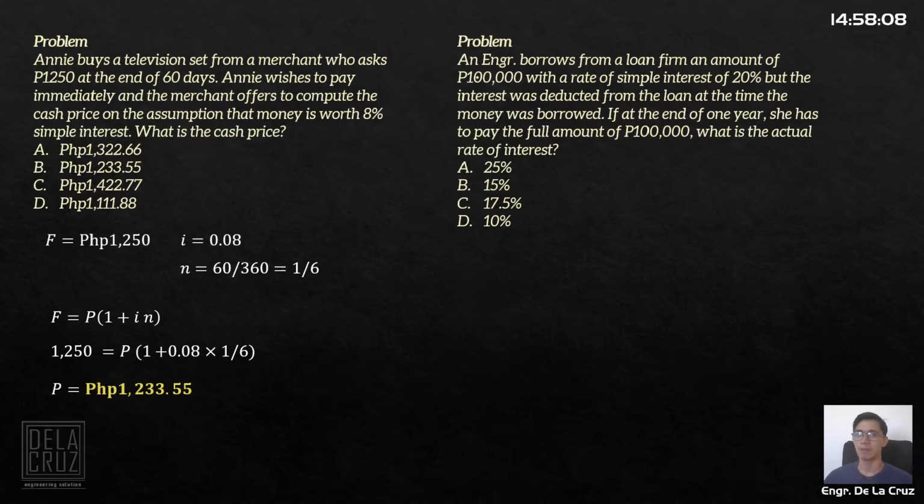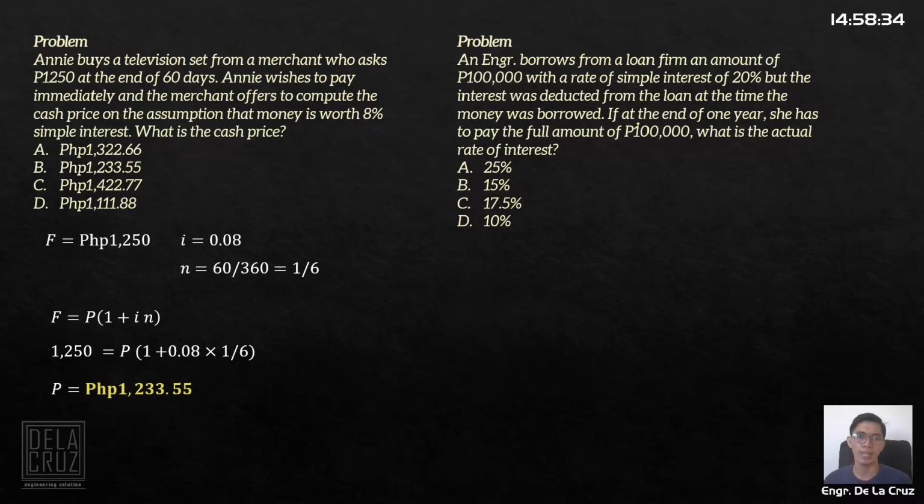Alright, ito, next problem. An engineer borrows from a loan firm an amount of $100,000 with a rate of simple interest of 20%. But interest was deducted from the loan at the time the money was borrowed. So medyo tinwist yung problem dito.